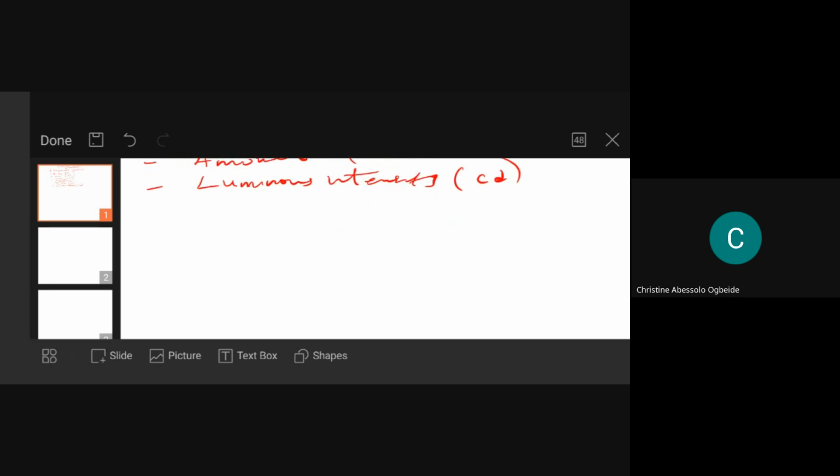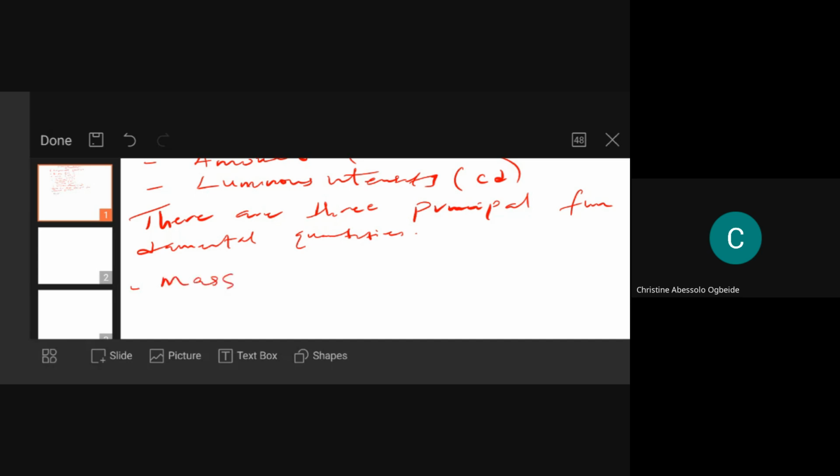Let me write it like this. There are 3 principal fundamental quantities, which are the mass, the length, and the time.